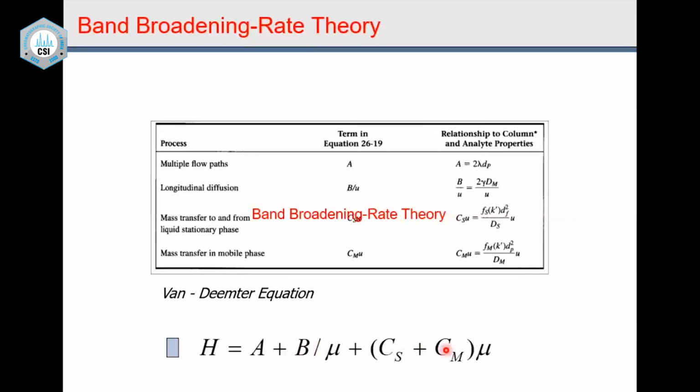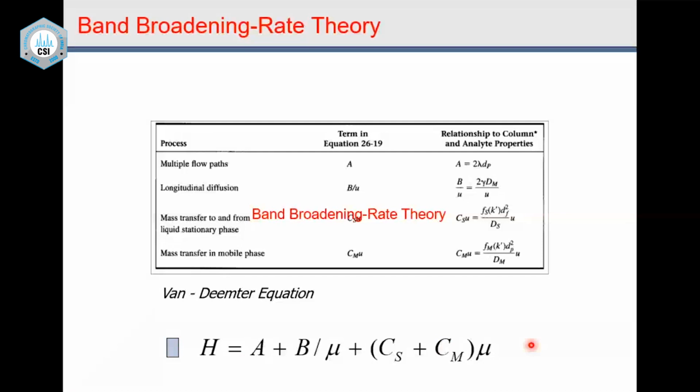In gas chromatography, CM is lower because mobile phase mass transfer is less, as the mobile phase, being carrier gas, doesn't take part in separation. It only carries the sample forward. So this factor is less, only CS remains. And then we have the equation H = A + B/mu + CS times mu.